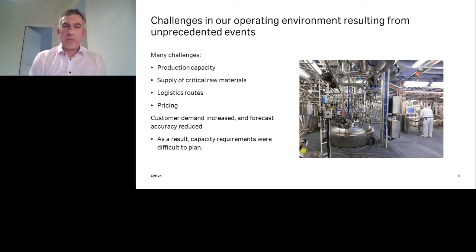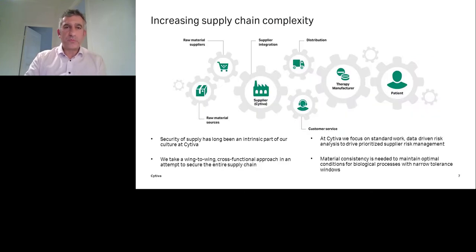At the same time, customer demand increased tremendously for some of our products. And at the same time, forecast accuracy reduced. So as a result of this, capacity requirements were difficult to plan. And on the next slide, we see how we describe what we view as an increasingly complex supply chain environment.